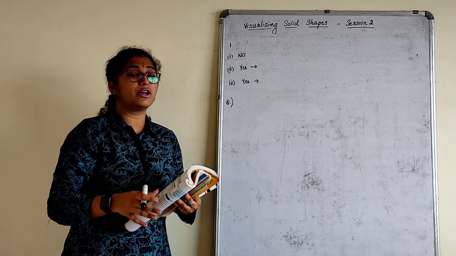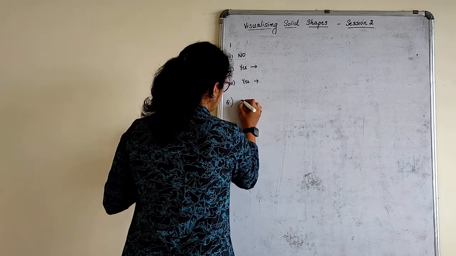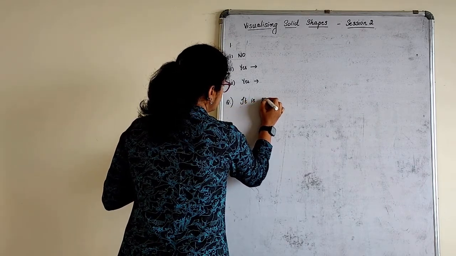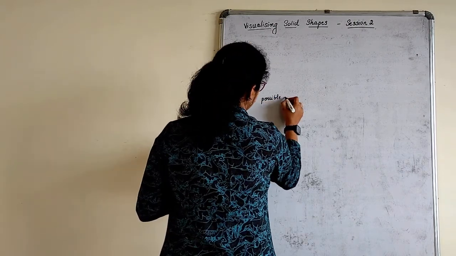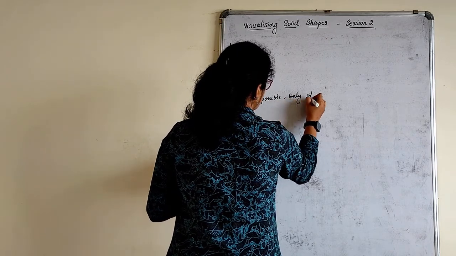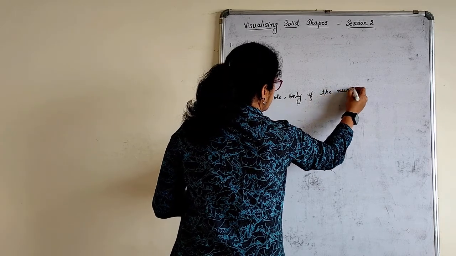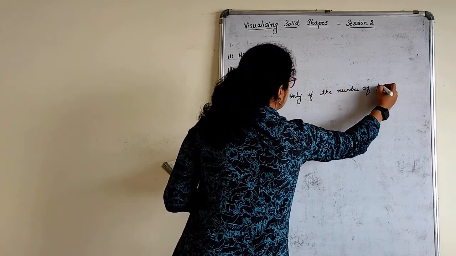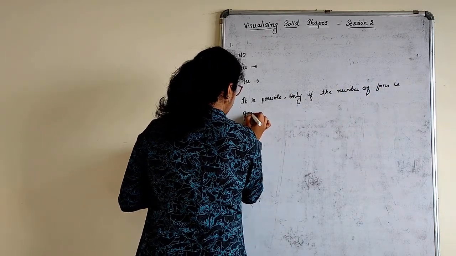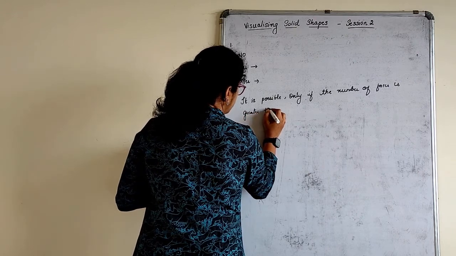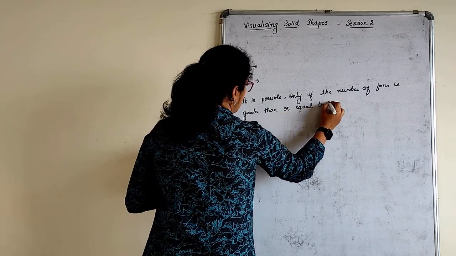So can anything be called as a polyhedron? It is just a repetition of the first main question here, children. What you have to write is, it is possible only if the number of faces is greater than or equal to 4.